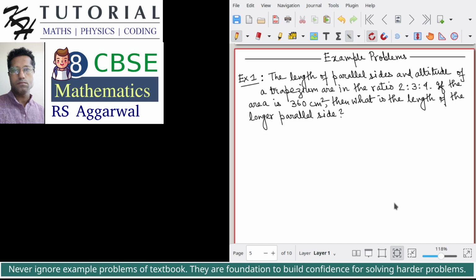Okay. So basically, the ratio of the two bases and the altitude is given. So if I draw the diagram roughly, it will be something like this. Let's say ABCD is the trapezium, where AB is parallel to DC.